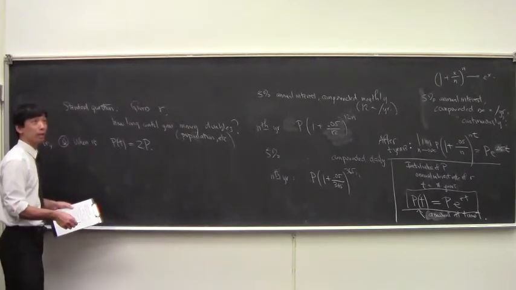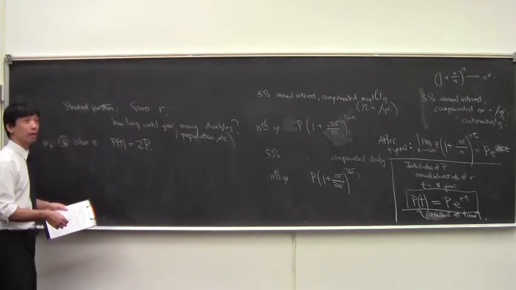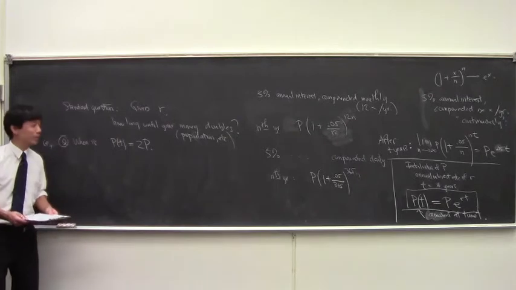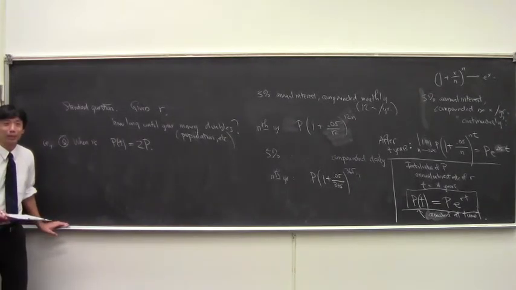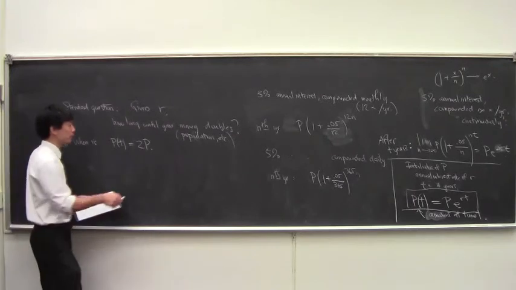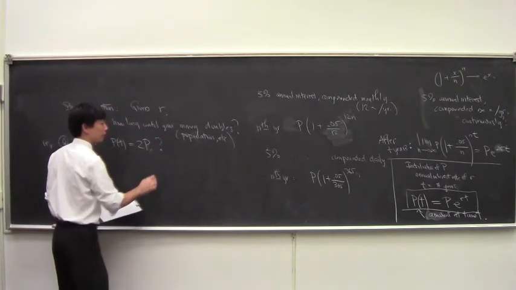Well, you can just work it out. I guess we have 2 minutes. Take half a minute and work it out. When is P of t equal to 2P, your initial value?